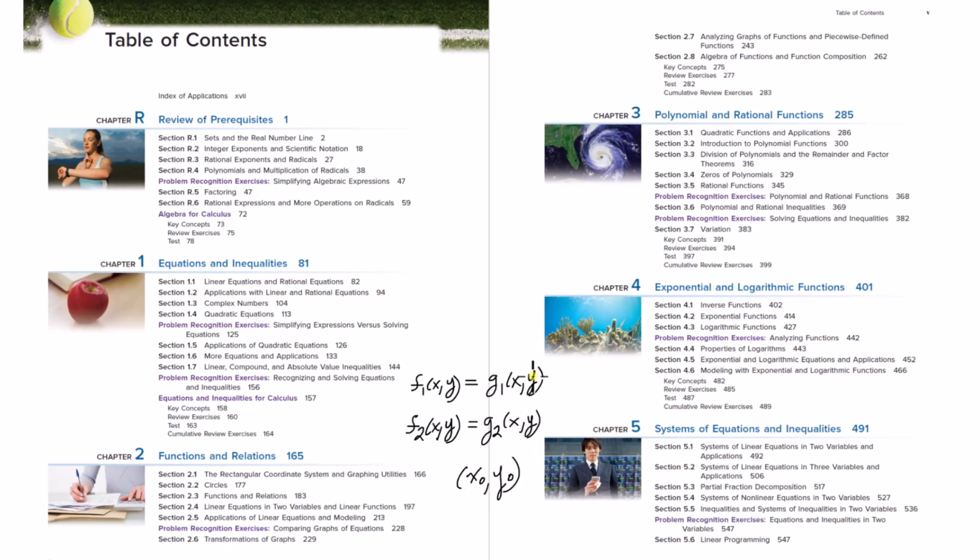If you plug a certain point into this equation and it satisfies it, but you plug that same point into the other equation and it doesn't satisfy it, then you haven't solved the system of equations. Okay, now this would be called a system of 2 equations and 2 unknowns. But you could also think about the idea of solving a system of, let's say, 3 equations and 3 unknowns.